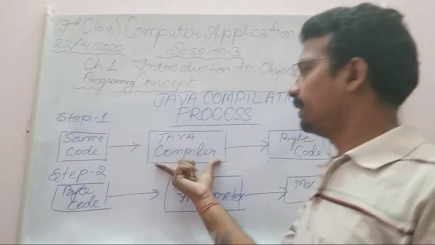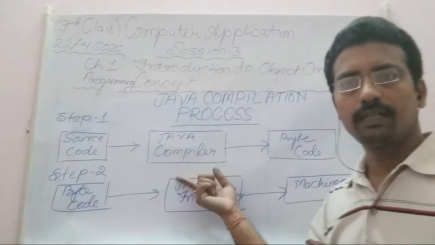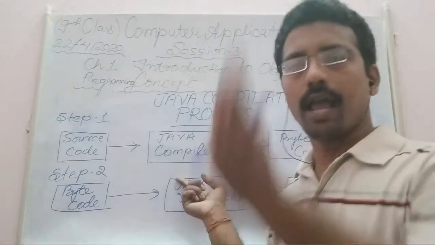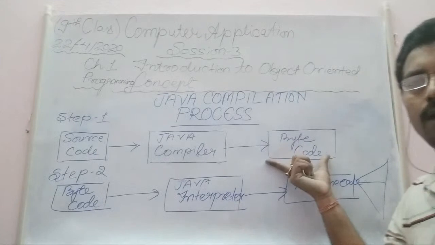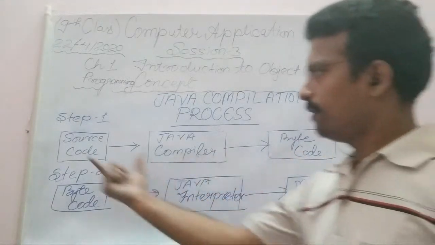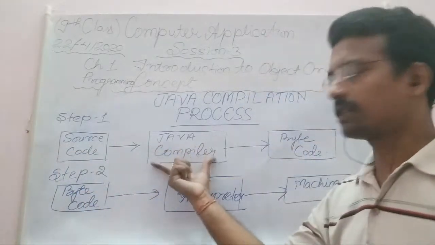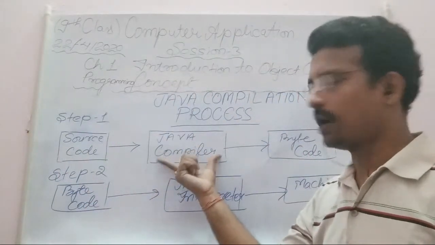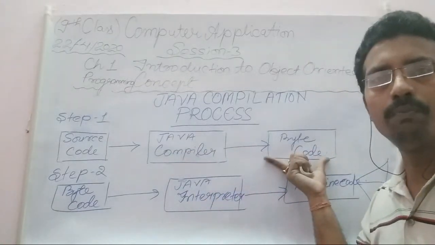The Java compiler accepts this source code, and after error correction and everything, it converts the whole program into bytecode. One more time, source code given to the Java environment comes firstly to the Java compiler, and then the Java compiler converts this code into bytecode.